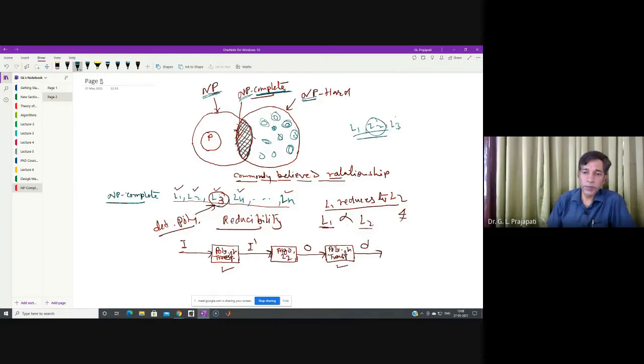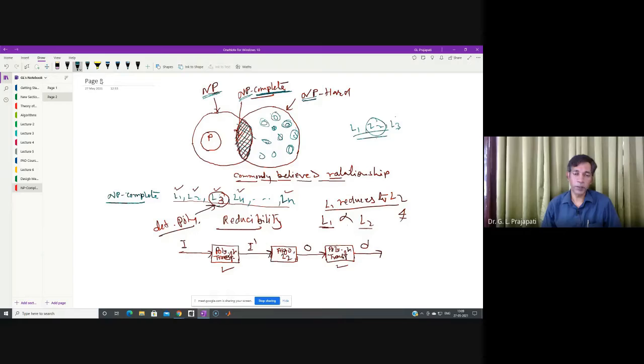This is the commonly believed relationship. In computer science we have four computational classes: P, NP, NP-complete, NP-hard. First try to solve the problems which come in class P, and this is expected. We don't want to go for the exponential cases. For some harder problems we don't have deterministic complexity, but we have non-deterministic complexity that runs in polynomial time. They are the NP problems.